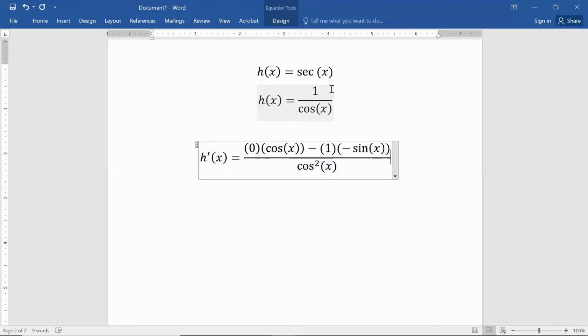We're going to clean this up just a little bit. I say clean it up, we're going to rewrite it to what most people know as the actual derivative. So you'll notice that the numerator of this fraction will have 0 minus 1 times negative sine x. The negative 1 times negative sine gives me a positive sine x.